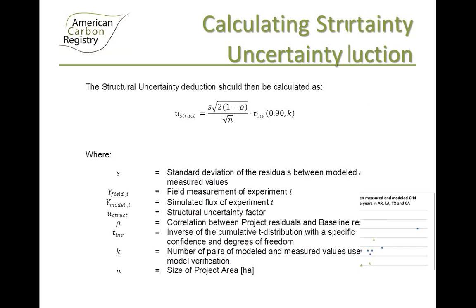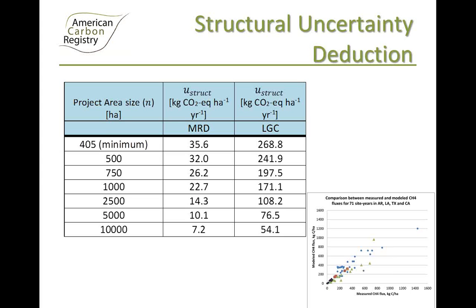So from this formula, we can create lookup tables. Here's a lookup table for two of the regions as an illustration of our structural uncertainty. If you look at this table, the middle column is for the Mississippi River Delta region, and if you have a program size of only 405 hectares, you have to reduce your emission reductions by close to 36 kilograms of CO2 equivalent per hectare per year.